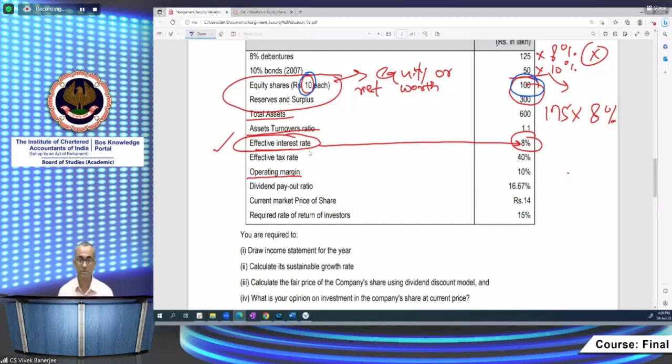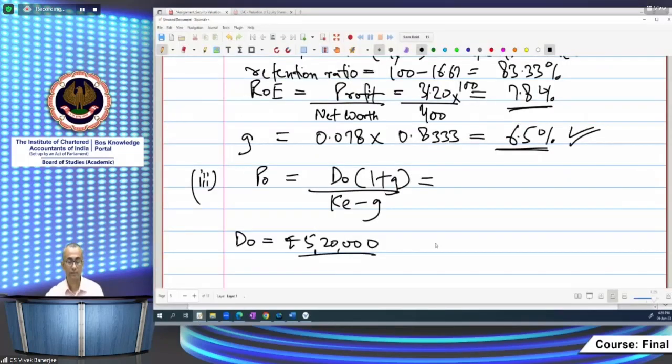So number of shares will be actually 10 lakh. Upon 10 lakh shares, it would be approximately 0.52, I think. Let us calculate it. So D0 or present dividend is 0.52.